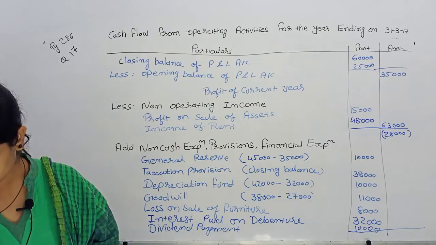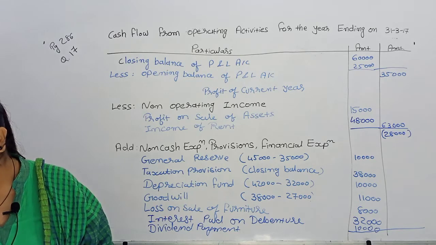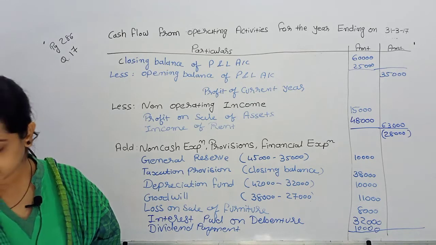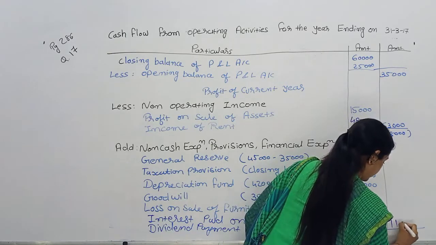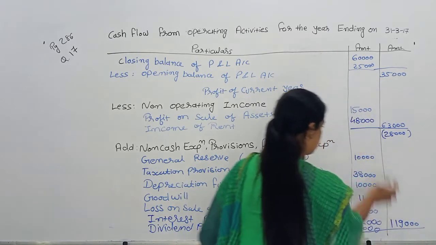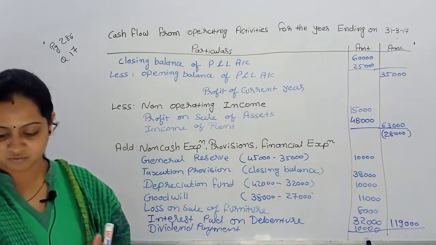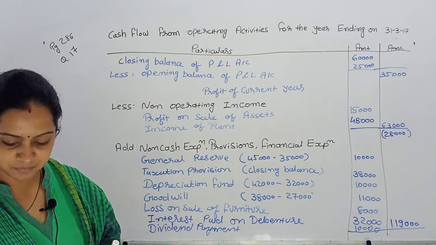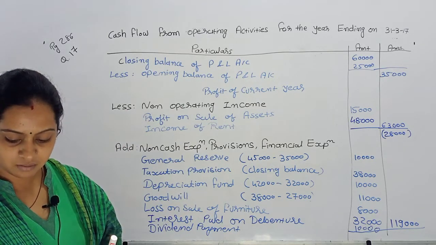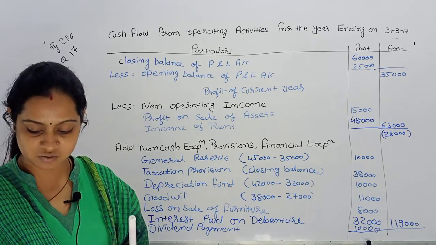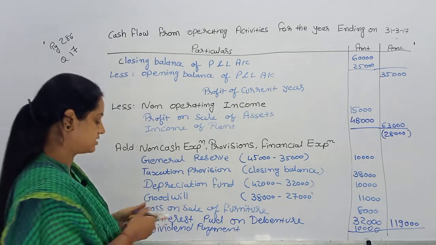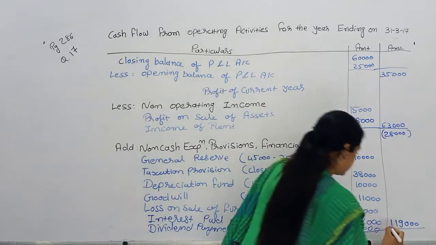Then we have to do the total of non-cash expense, provisions and financial expense. So the total of them will be 1,19,000. This amount we have to add. So 1,19,000 minus, because 28,000 is negative, minus 28,000, our answer will be 91,000.